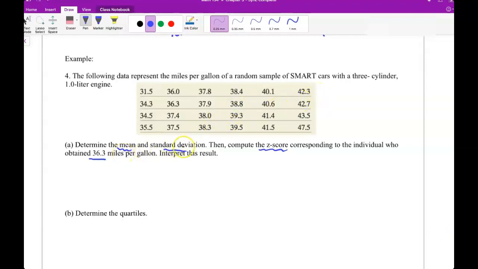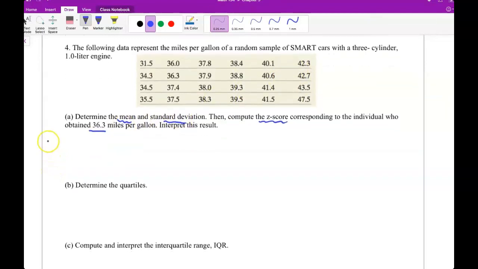But for the first part, finding mean and standard deviation, it's better to always use your calculator, as mean is easy to find, but finding standard deviation is time consuming. So I'm using 38.775 for mean, and standard deviation 3.416. We rounded this, but I'm not using that symbol for estimation. That's fine.